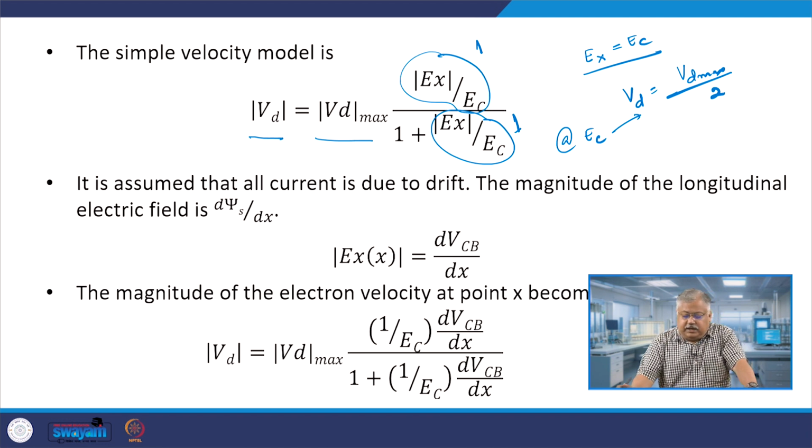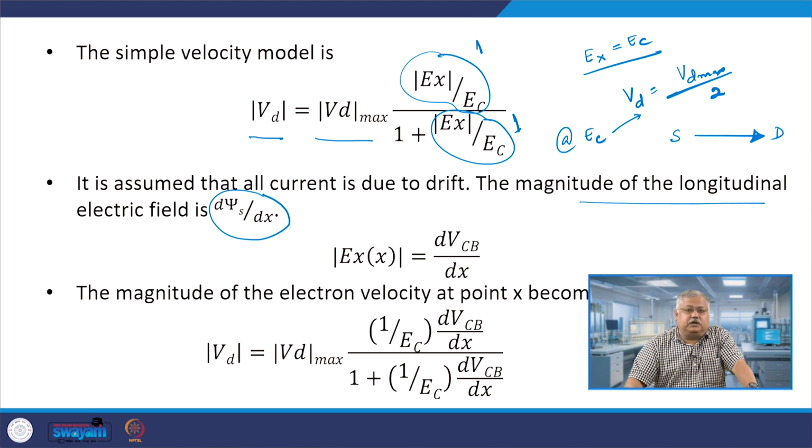And we have already seen in our previous discussion that the magnitude of the longitudinal electric field, longitudinal meaning from source to drain, is given by d psi s dx, which means the rate of change of surface potential with respect to x, if I assume this to be my x direction, right.